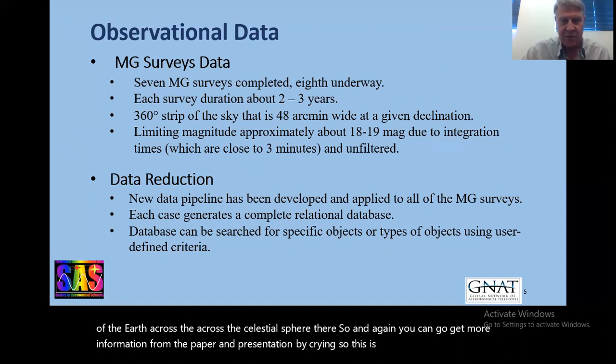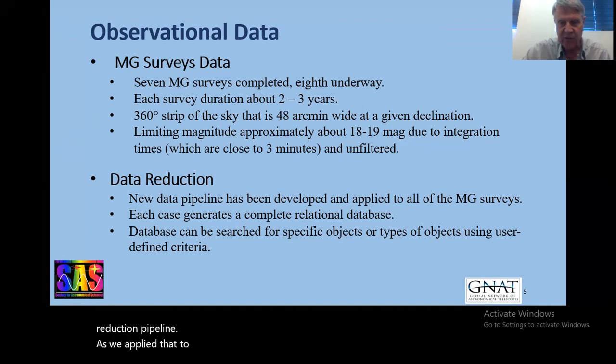The data reduction pipeline was applied to all the MG surveys. Each one produces a relational database, from which we can pick the objects of interest.